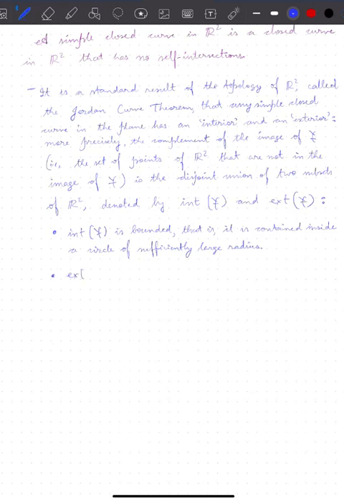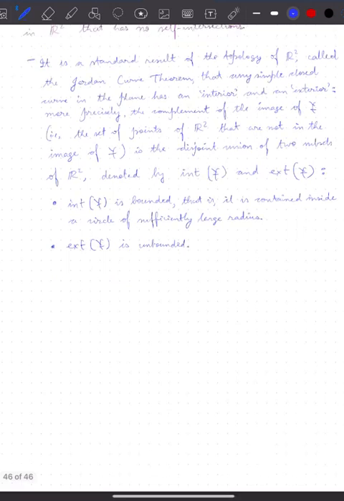And the property of the exterior of gamma vector is that it is unbounded. And the third part is that both the regions, interior of gamma vector and exterior of gamma vector, are connected.